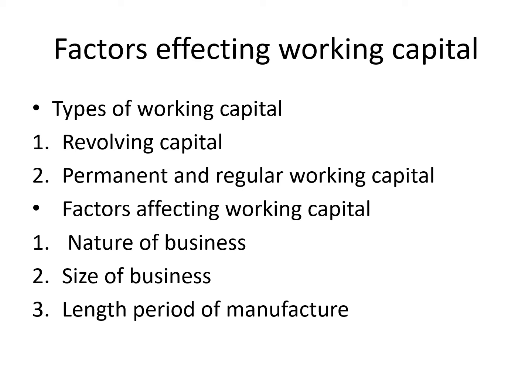But in the case of products which need more time for manufacture, the operating cycle is a lengthy one. So you have to continuously put in working capital, or components, in that kind of products. They need a longer time period for manufacture, so you need more working capital as compared to FMCG goods. So this is another factor which can affect the needs of working capital.